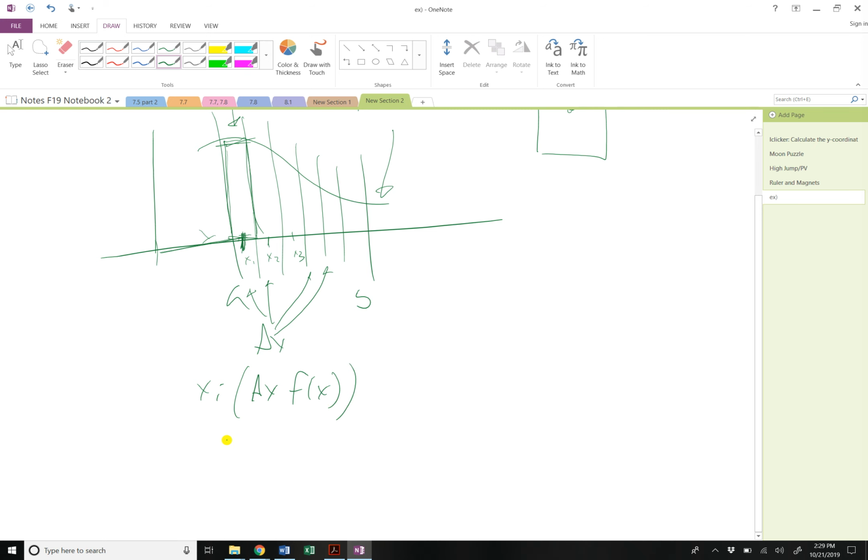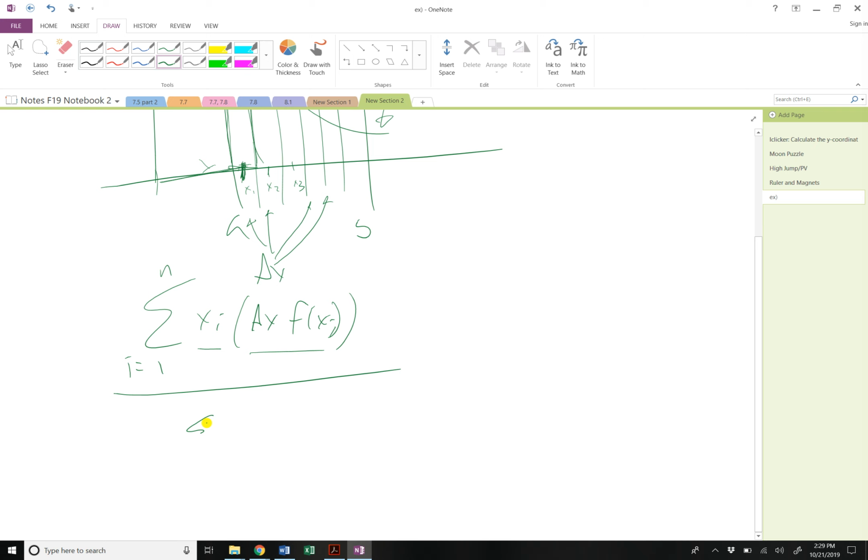F of x. So here you have f of xi. So here you have approximately the x-coordinate that you're at of the slice times the area. And then we have to add those up. You do have to divide by the total area, but we already know how to do that with an integral.